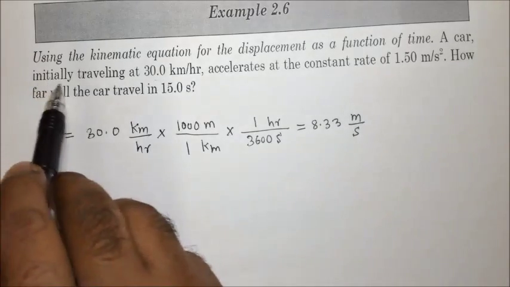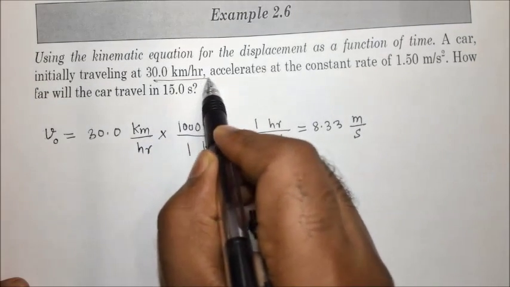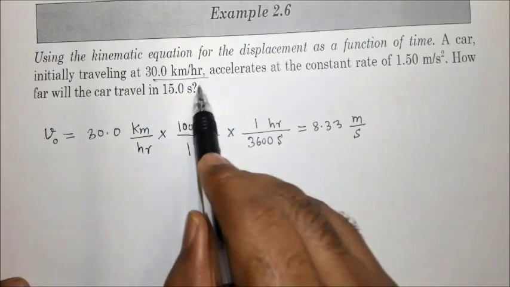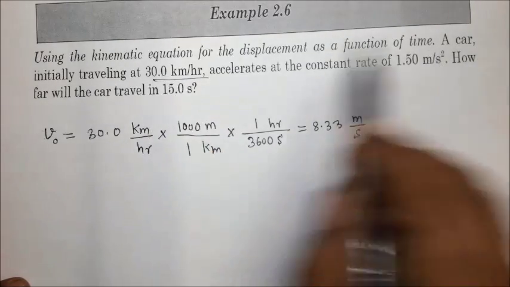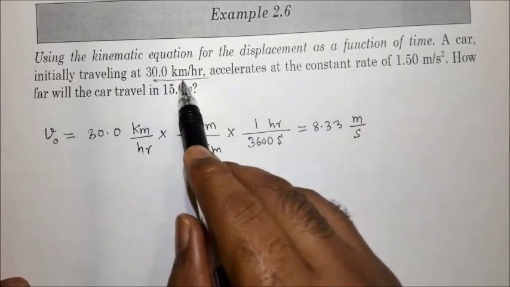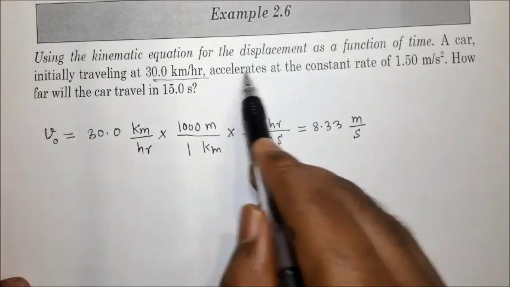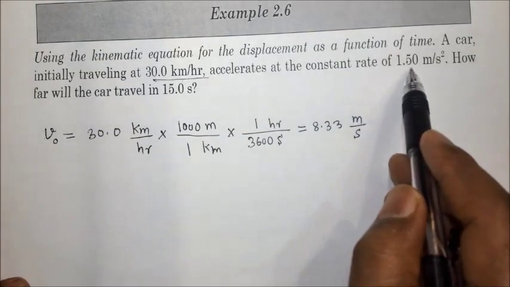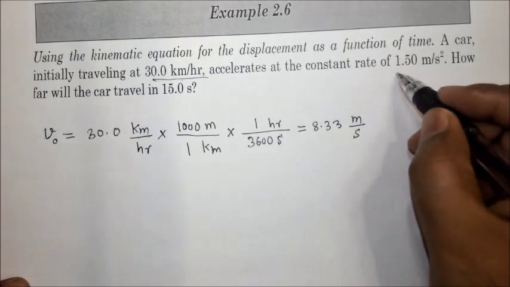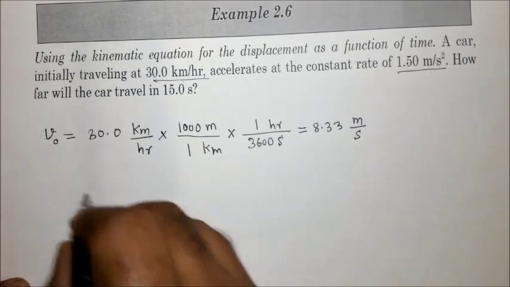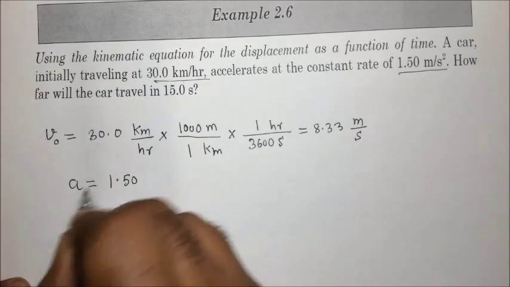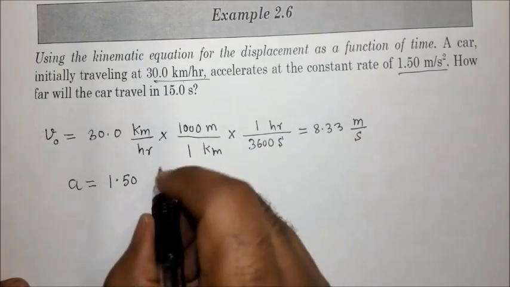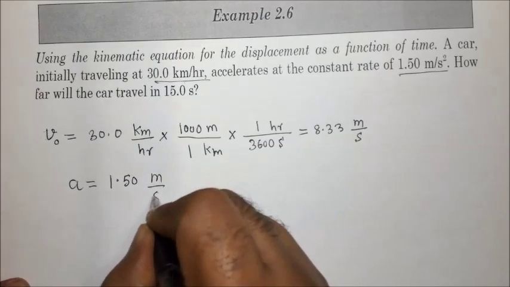So a car initially traveling at 30.0 km per hour accelerates at a constant rate of 1.50 meter per second square. So acceleration is 1.50 meter per second square.